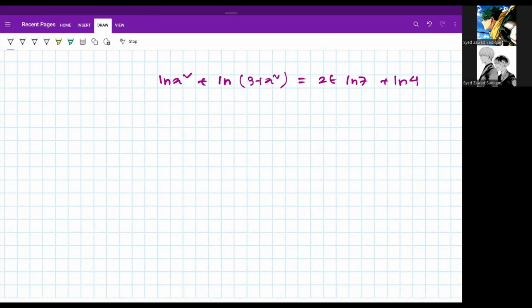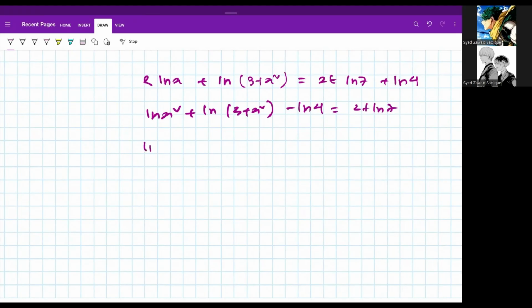Now, actually, you guys might be confused. So yeah, 2 ln x, so we can say 2 ln x squared plus ln 3 plus x squared is equal to 2t ln 7 plus ln 4. Oh, no, wait. Minus ln 4 is equal to 2t ln 7.